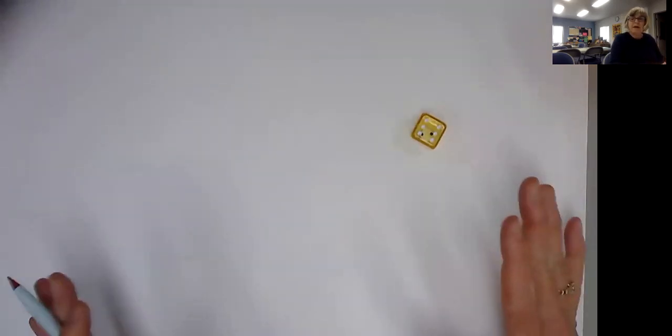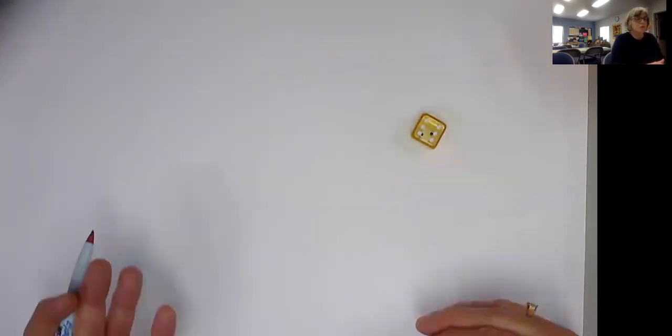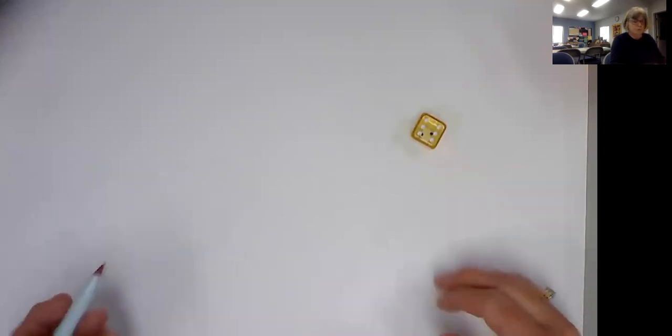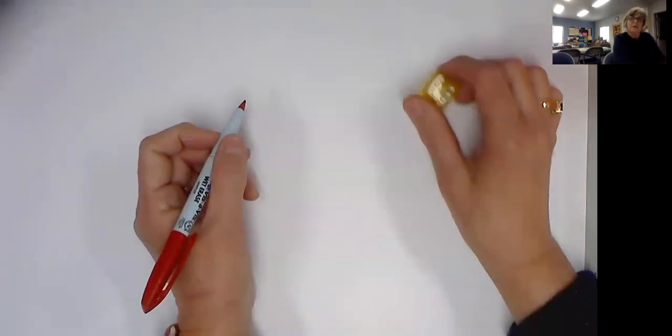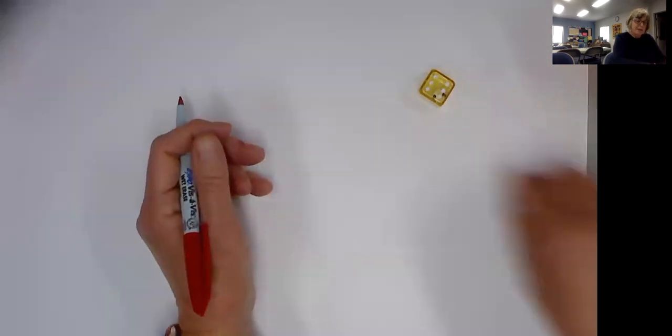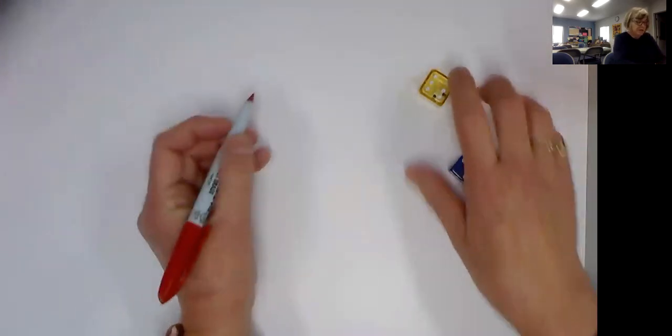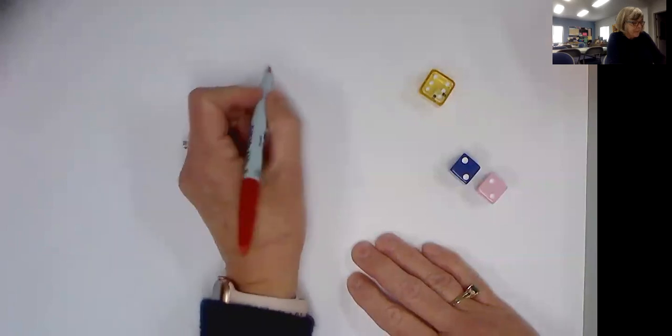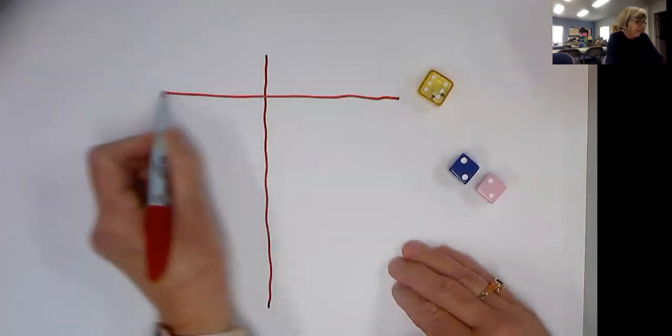So it doesn't really matter whether you're using playing cards or dominoes or dice. Today I'm going to use my double dice, which is the same as rolling 2 regular dice. So I'm going to make my T-table just like I did in the addition game.